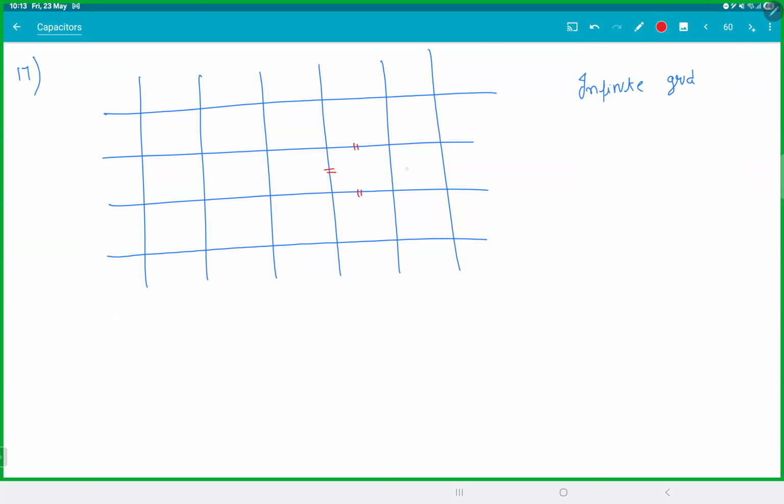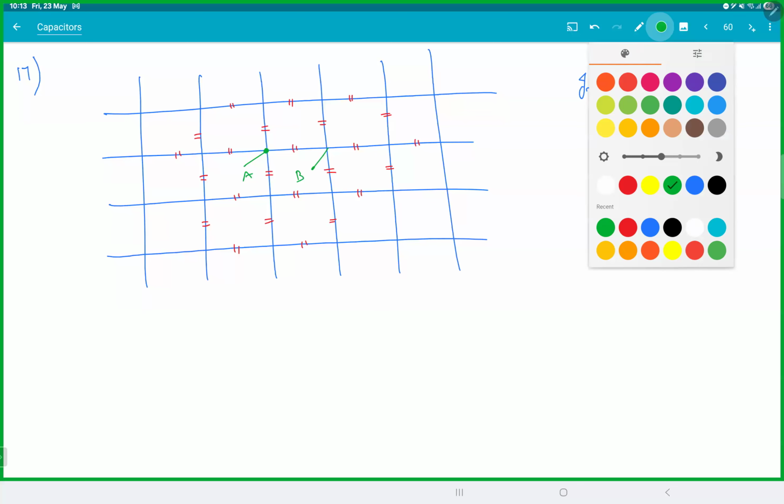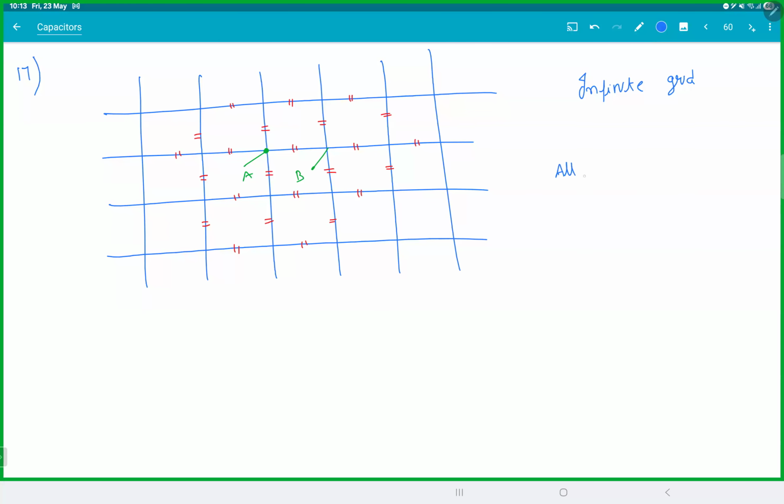Capacitor, capacitor, capacitor. Ever-ending capacitors. So in this, we have a point A here. We have a point B here. All are C. Find CAB.